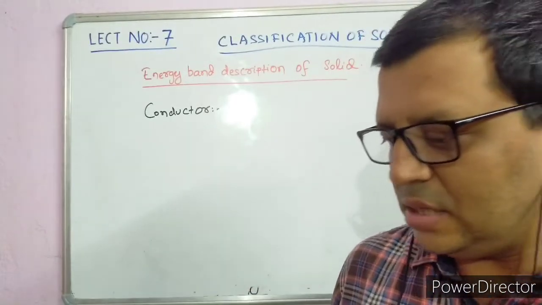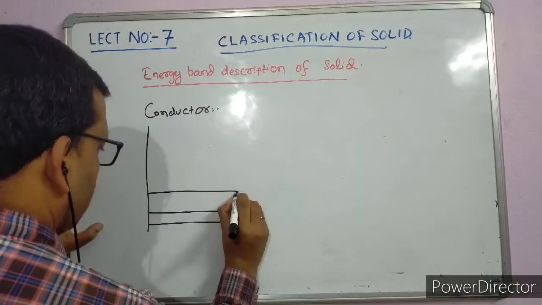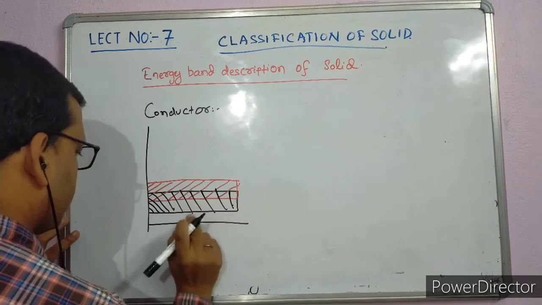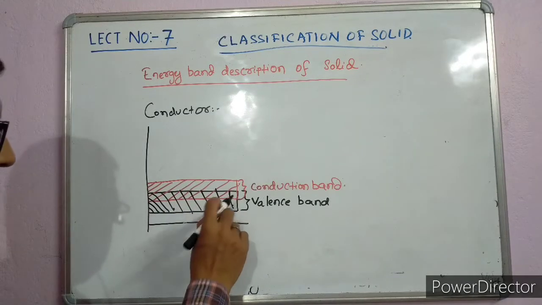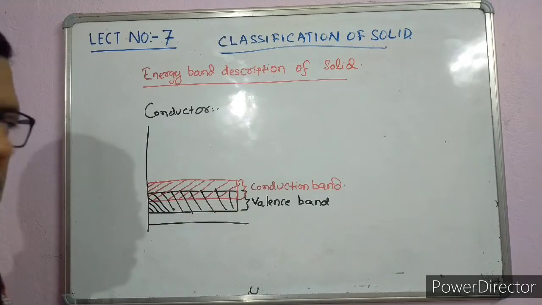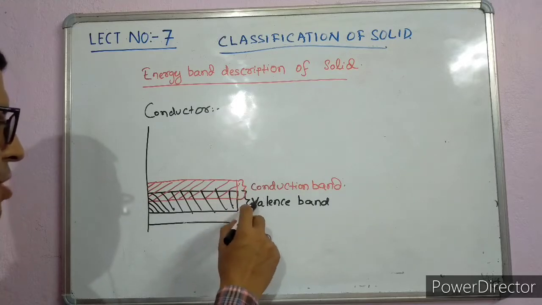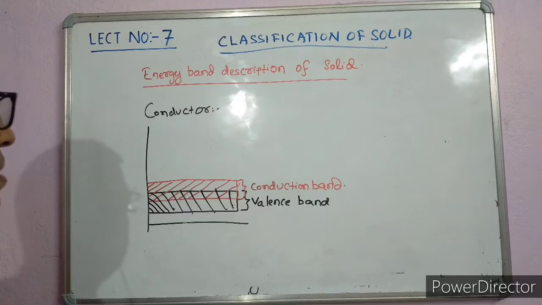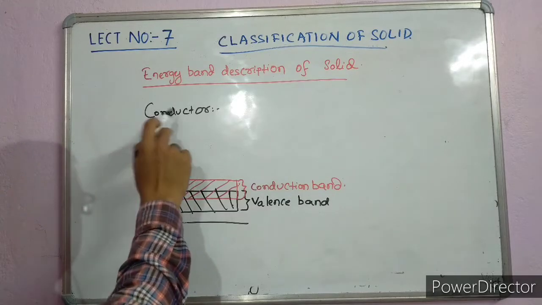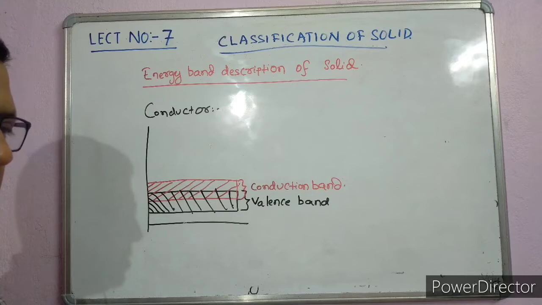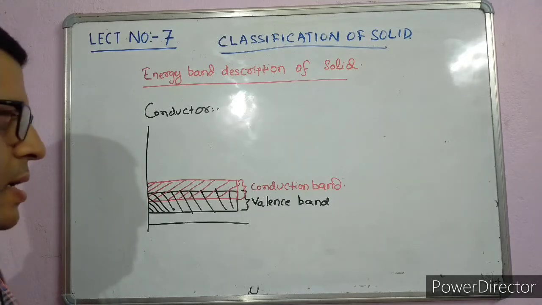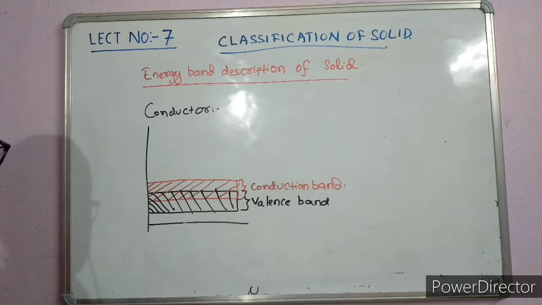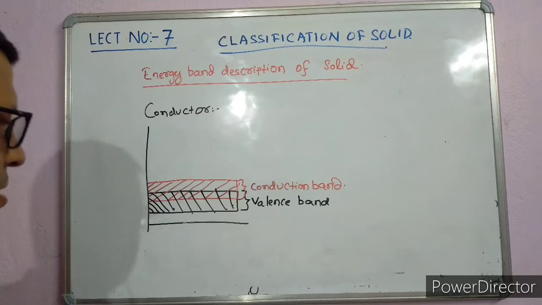Let us use that principle here. Here we can see that the conduction band overlaps with the valence band. In the case of a conductor, we know that it has electrons in abundant amount which are responsible for carrying current.